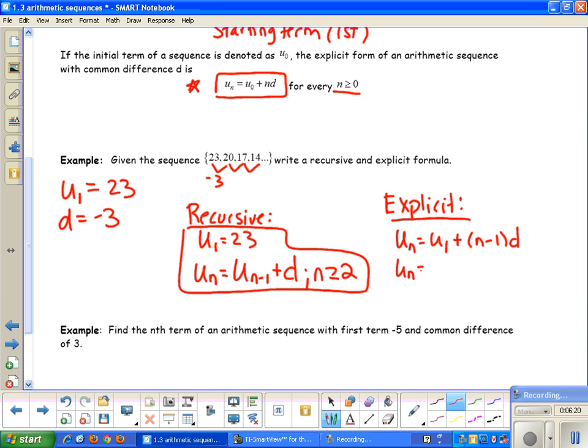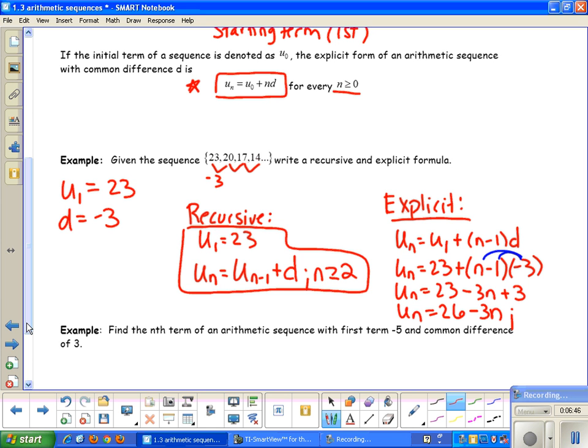So u sub n equals 23 plus n minus 1 times the common difference, which is -3. I'm going to go ahead and distribute this to each of my terms. So u sub n is equal to 23 minus 3n plus 3, combine like terms, and u sub n is equal to 26 minus 3n.